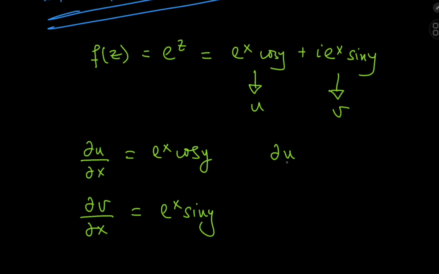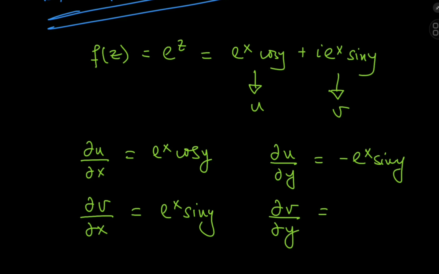Now for the derivatives with respect to y, we have negative e to the x times the sine of y, and we have the partial derivative of v with respect to y being equal to e to the x times the cosine of y.